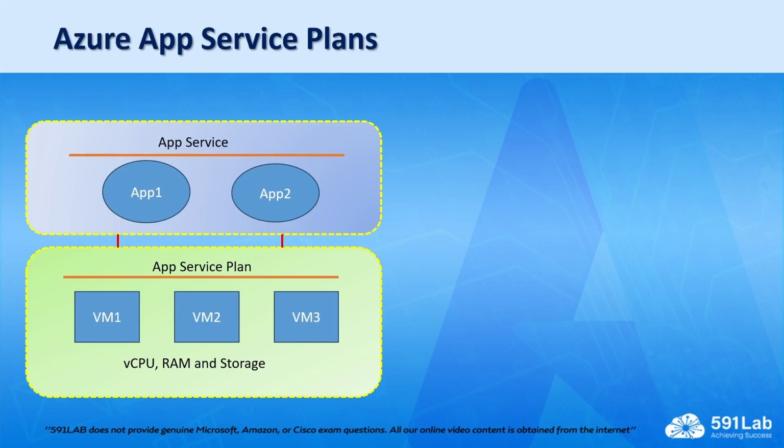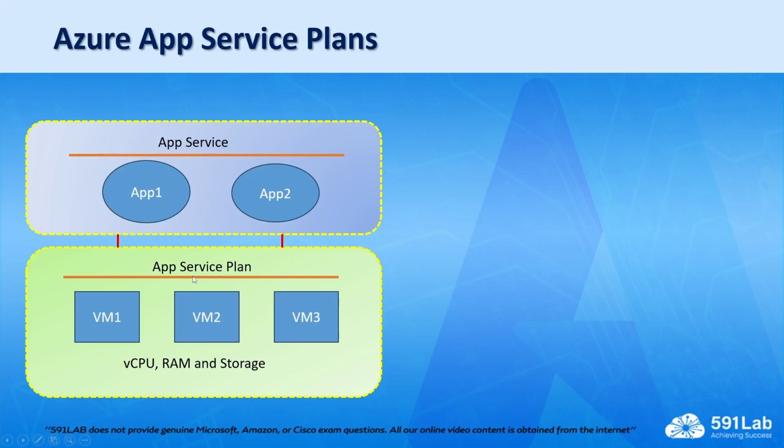Here you can see we have an app service plan, which basically deals with compute resources like CPU, RAM, and storage. We can have one app service plan and install multiple apps on that. Also, we can have multiple virtual machines installed in the backend of the Microsoft data center to support our application.